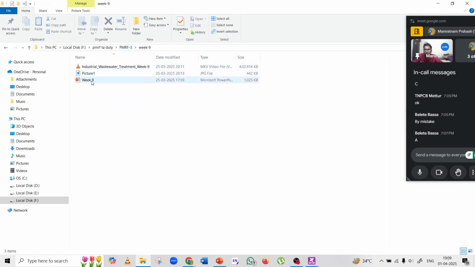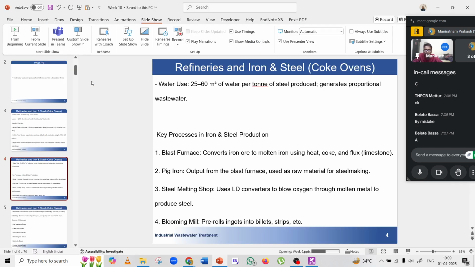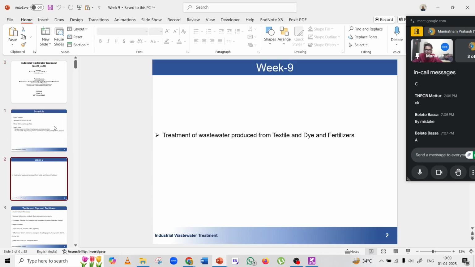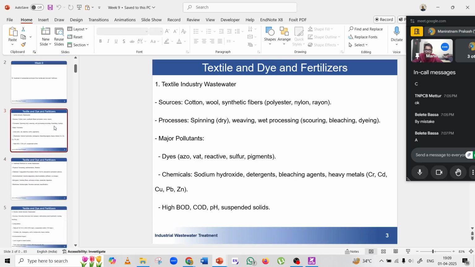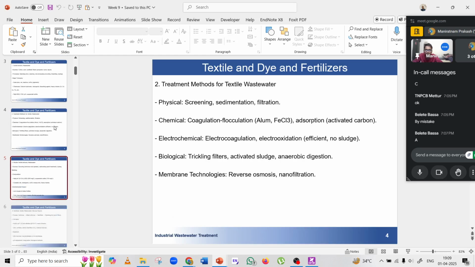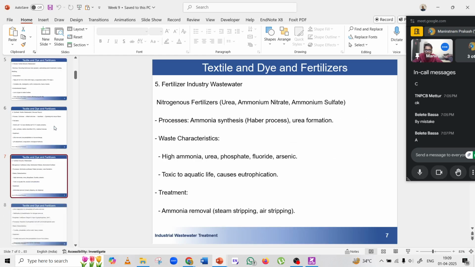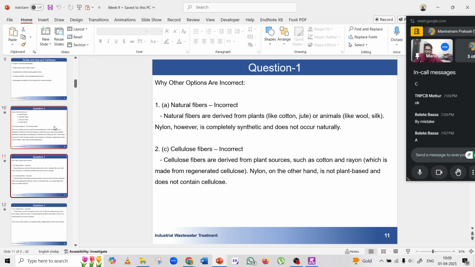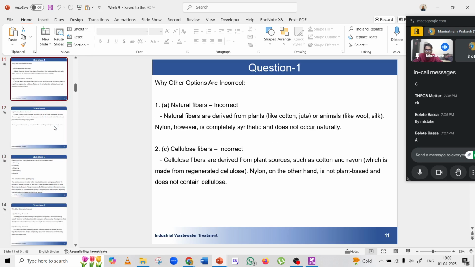In last week's lecture we have seen about textile. Now let's see their data. How much? I am not getting it now.